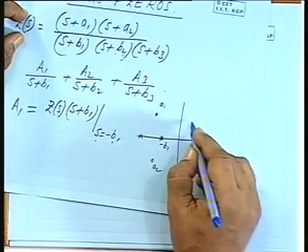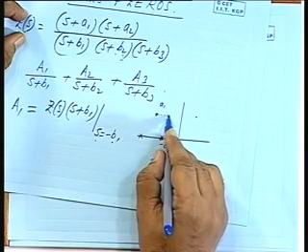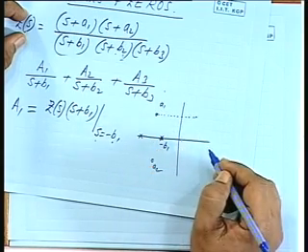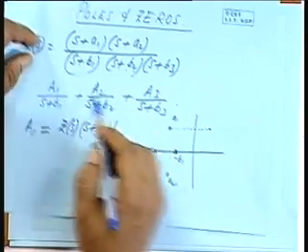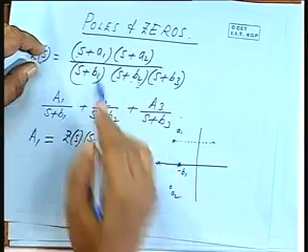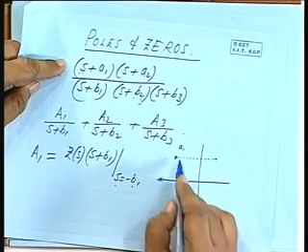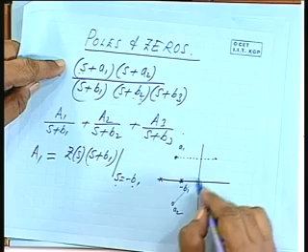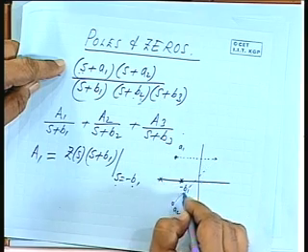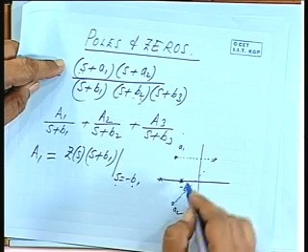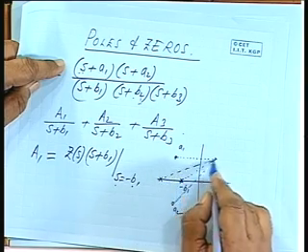From here, last time we were talking about any location of S, what was this vector representing at any S? S plus A1. If it is from the zero, it was representing one of these numerator factors. S plus A1 was this, S plus A2 was this. Similarly, S plus B1 is this, S plus B2 is this.